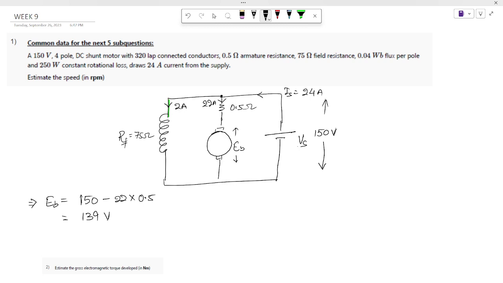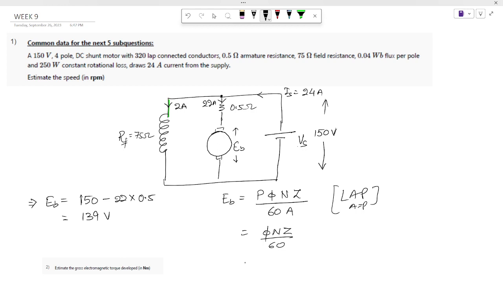Now they have asked for speed under such conditions. So you know EB is P phi N Z upon 60A. Since it is a lap connection, A equals P, so it reduces to phi N Z by 60.